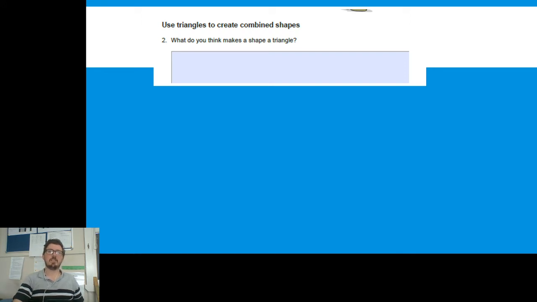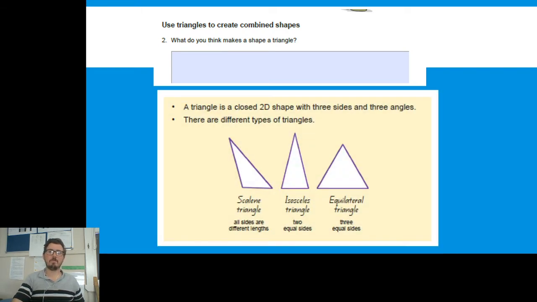So that's what makes a shape a triangle, because tri means 3. It also has 3 edges and 3 angles. All of those angles add up to 180 degrees. But we have a lot of different types of triangles.